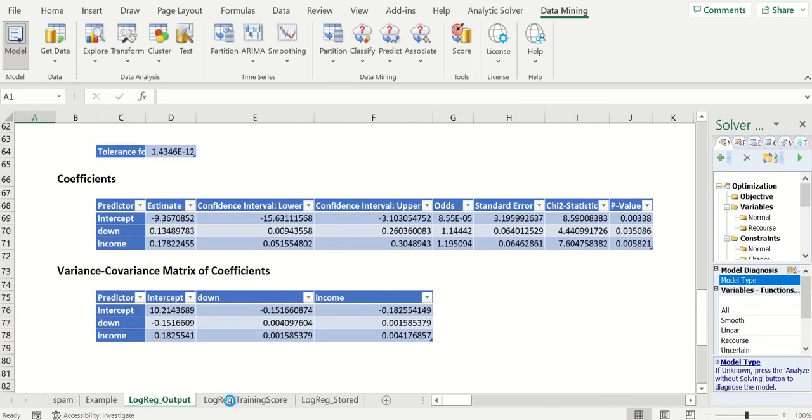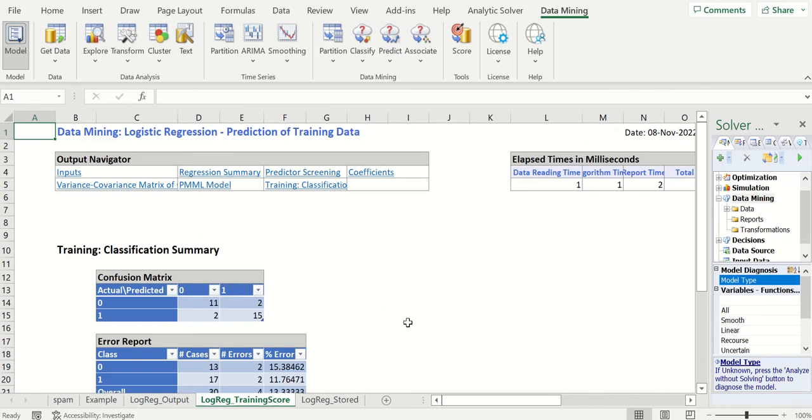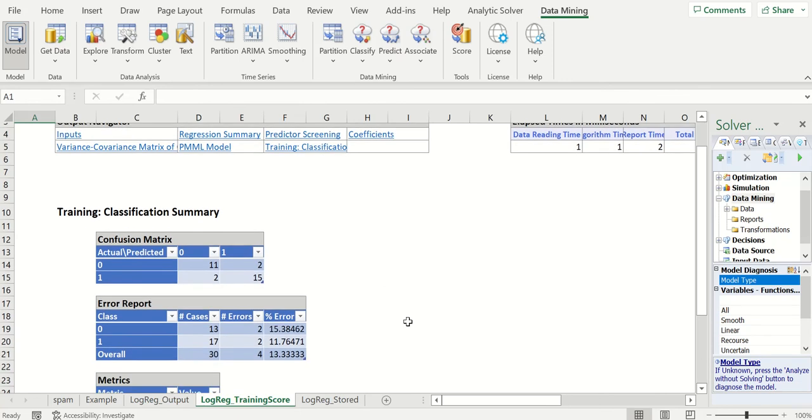So back to our outcome. What we have in this logistic regression is a confusion matrix, which we could turn into an error report.